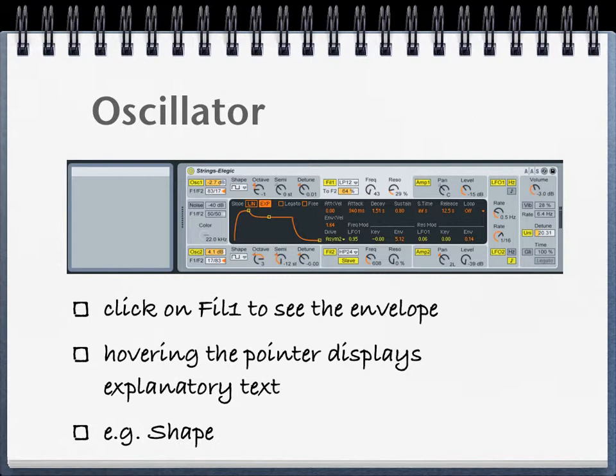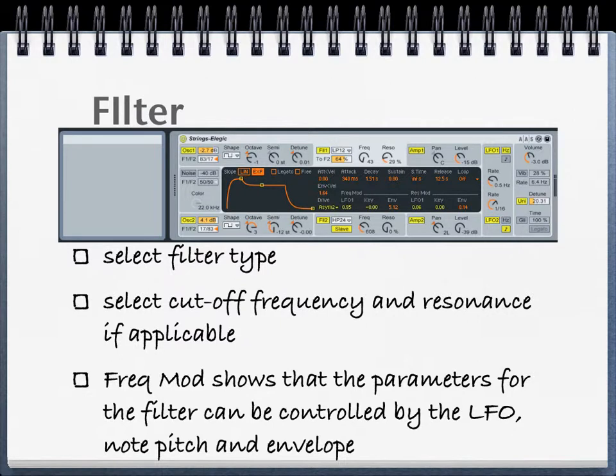And by the way, in Live, if you hover the pointer over something in the display, there will be an explanation of what that item means that will appear on the left side. For example, if you hover over shape, it says set oscillator 1's waveform from the following choices: sine, sawtooth, rectangle, and white noise. Filter. So if I click on fill 1, I can select the filter type.